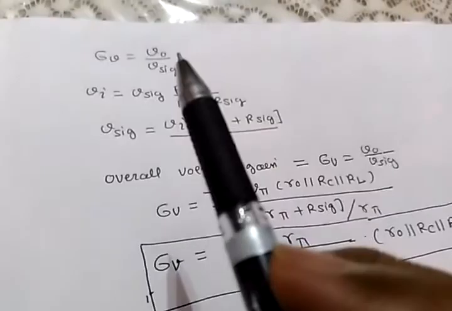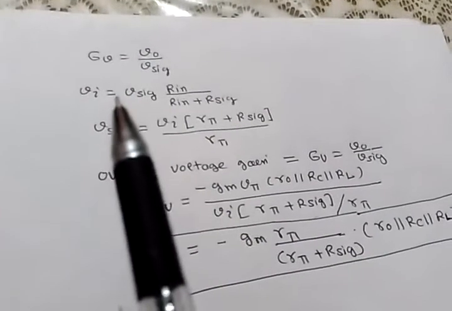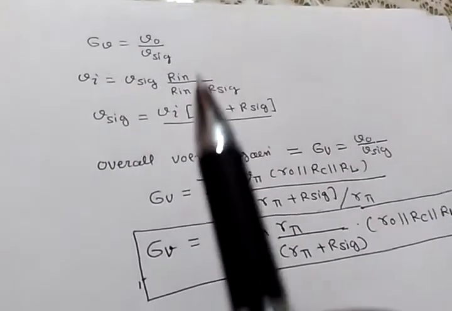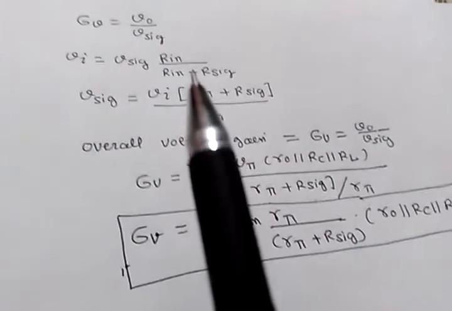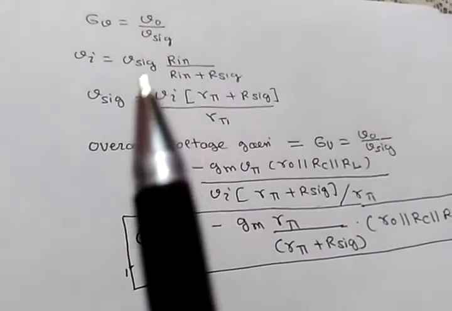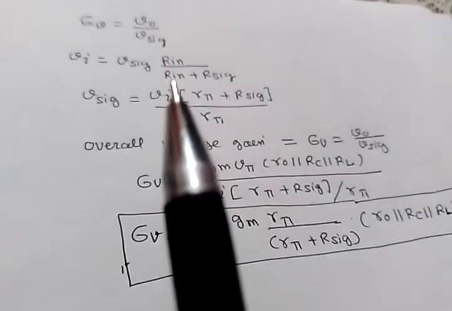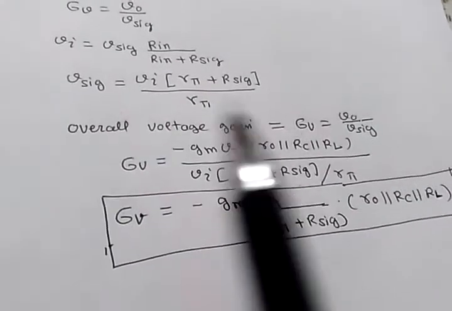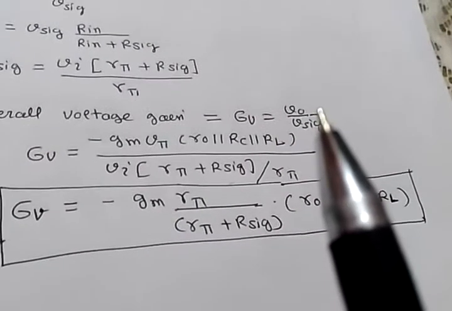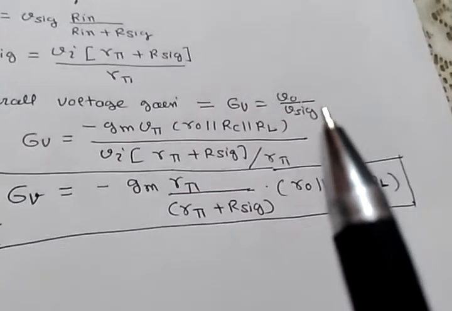So overall voltage gain, which is the ratio of output voltage to the signal voltage, can be written like this. As we have discussed, Vi equals Vsig Rin upon Rin plus Rsig, and we have approximated Rin as Rpi. So we can write Vsig equals Vi multiplied by Rpi plus Rsig, divided by Rpi. So overall voltage gain, write the value of output voltage and value of Vsig.